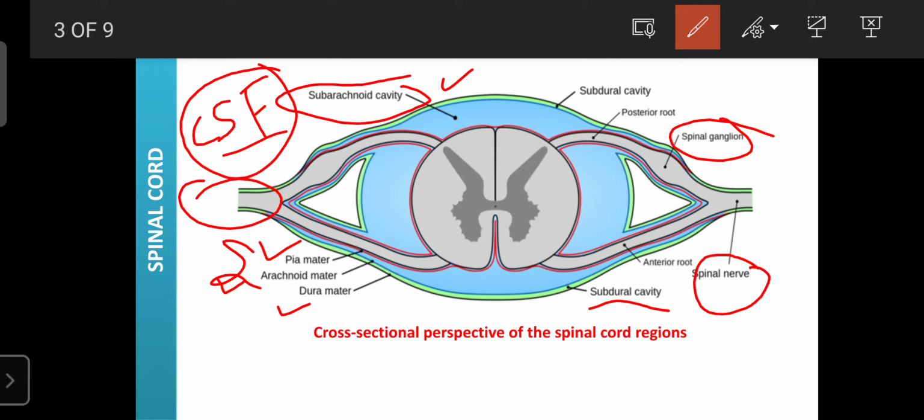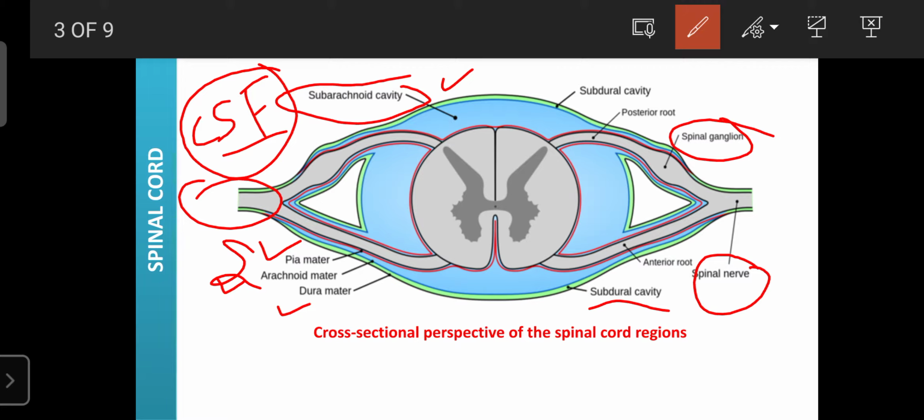Due to workload or stress, if any injury happens to the spinal cord, the fluid can prevent that. Only if the force is stronger do spinal cord injuries occur. This fluid acts as a shock absorber, and it can prevent mechanical as well as chemical injury to the spinal cord.